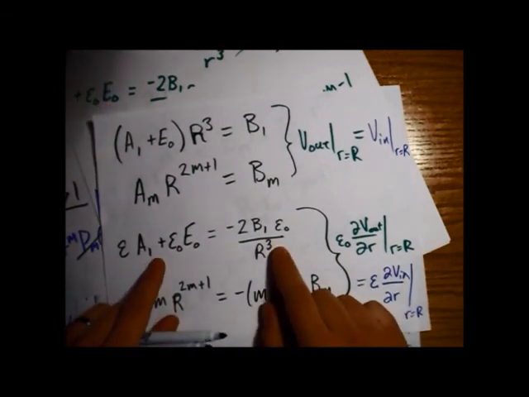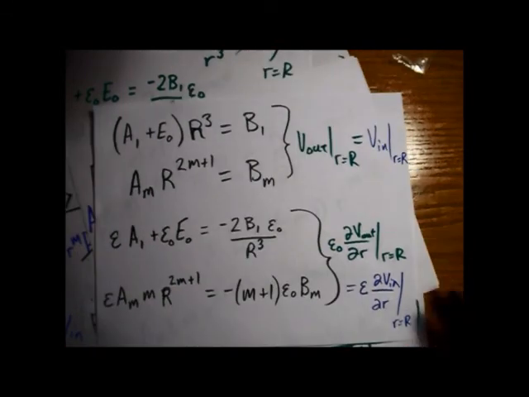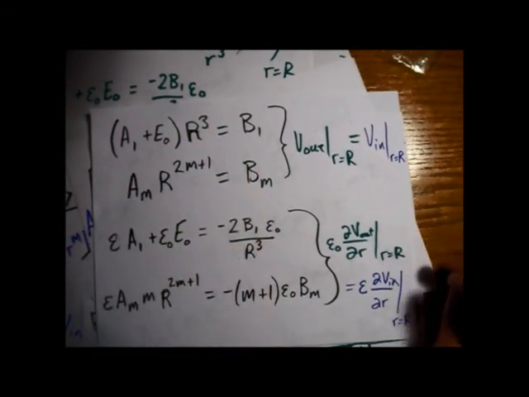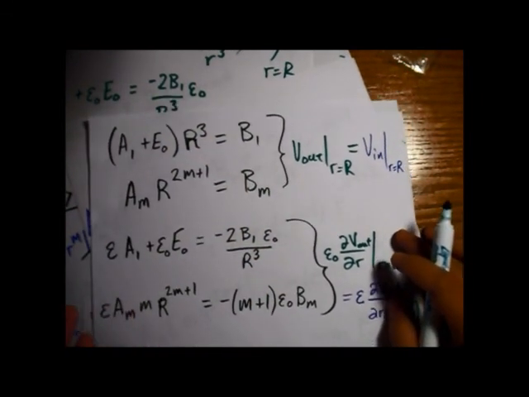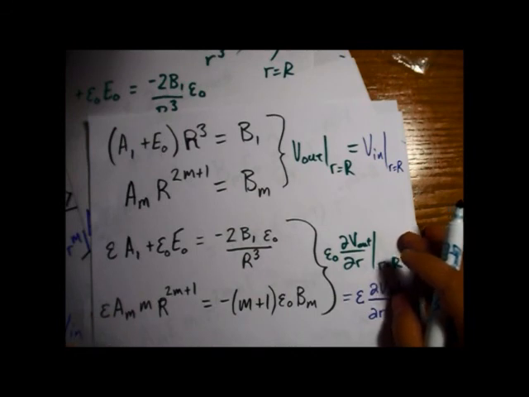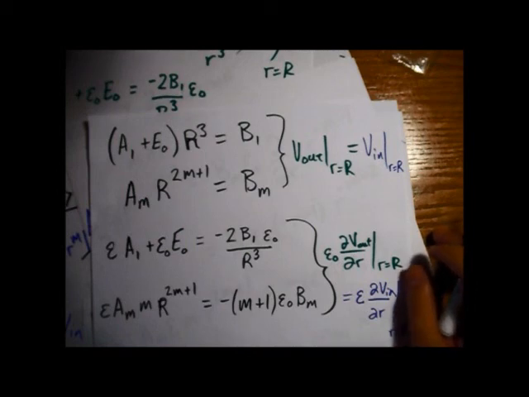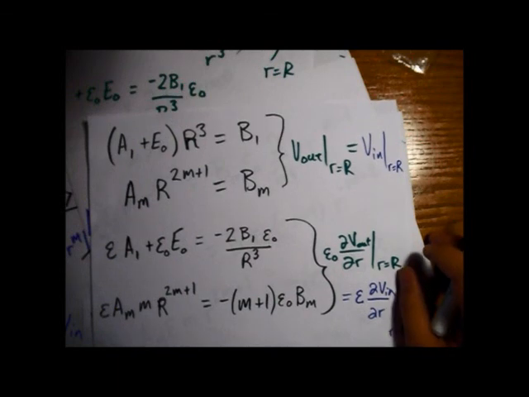So way back in the beginning we had our general potential, and we had these constants, and the thing of it is that because of our uniform electric field out there, we had one term out at infinity for the a sub 1, right?